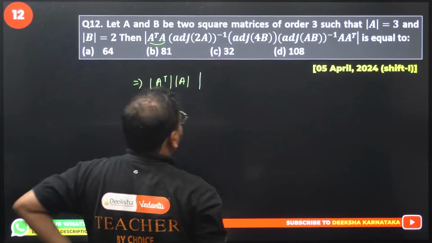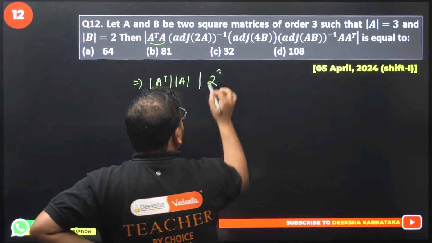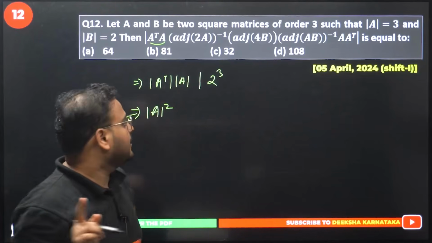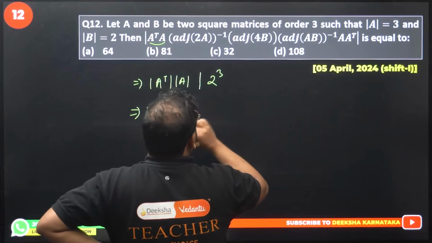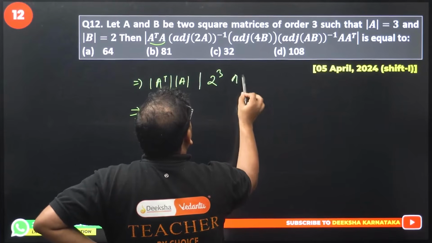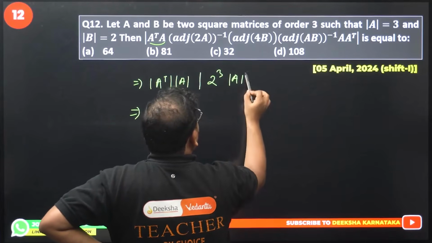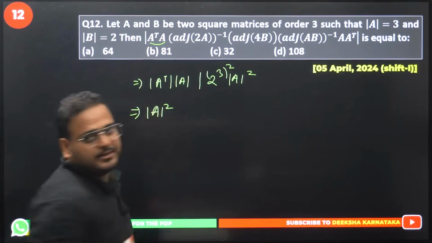Adjoint will make some changes over here. So this will become 2 power, first of all, 3. 2 power 3 will be there. Correct or not? And then the determinant of A power 2 actually, and there will also be power 2 here because of the adjoint.